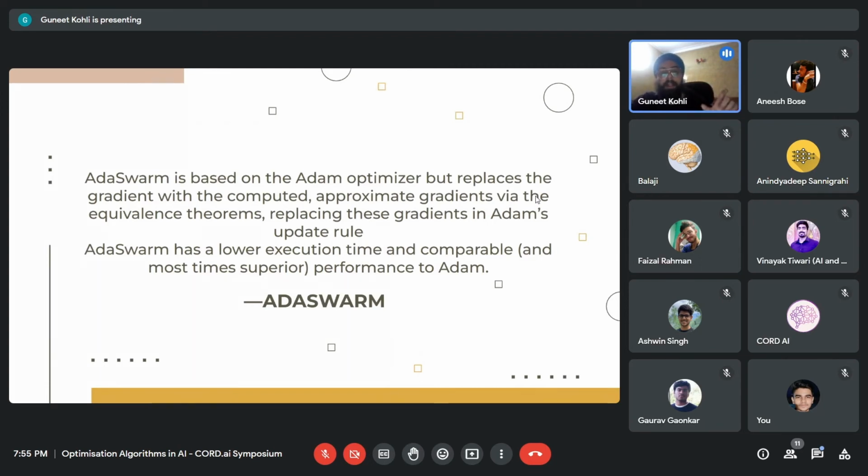The thing that was calculating the gradient of differentiable functions has been removed. Now they have introduced their EMPSO, which can solve this challenge, and it has the power of three things. First, it can handle differentiable functions with the same proficiency as an Adam optimizer.